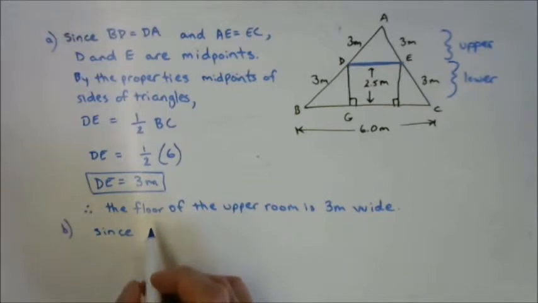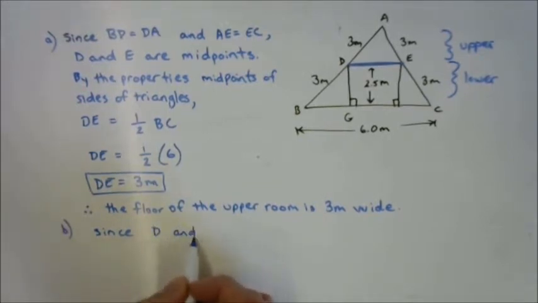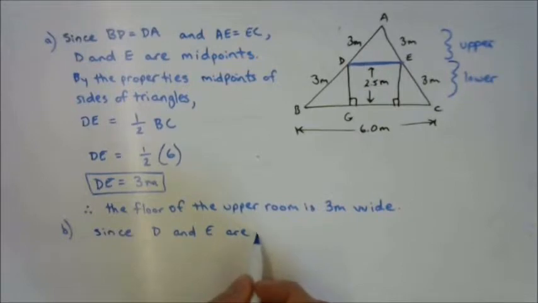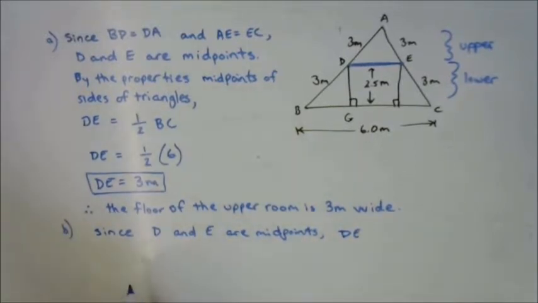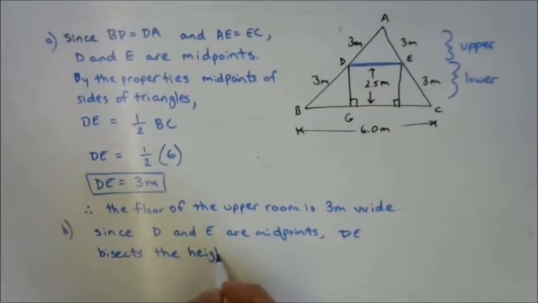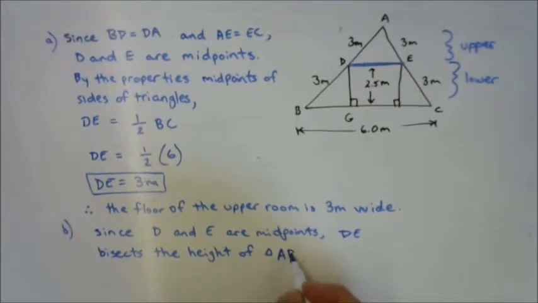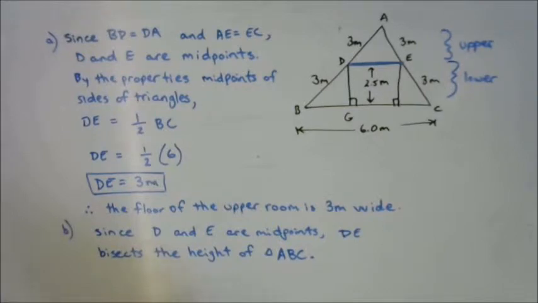So now we just have to say since D and E are midpoints, DE, I'm going to just use this word, bisects the height of triangle ABC. Okay?